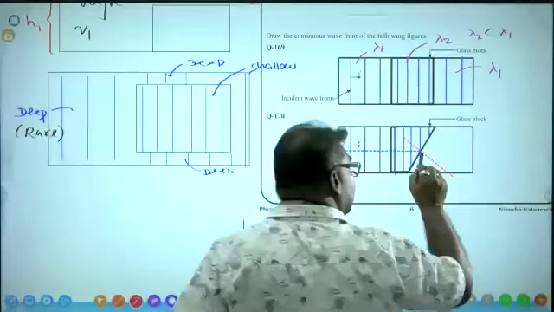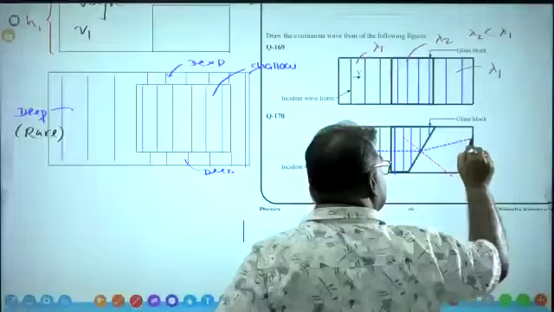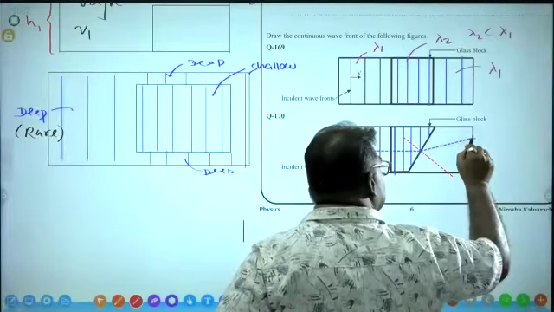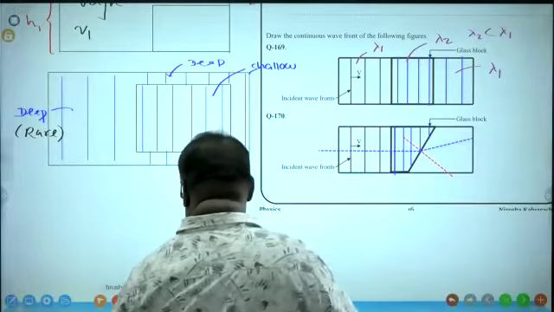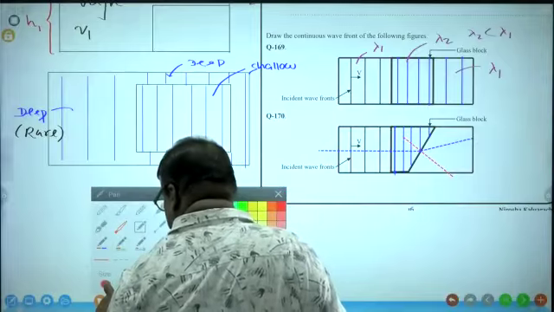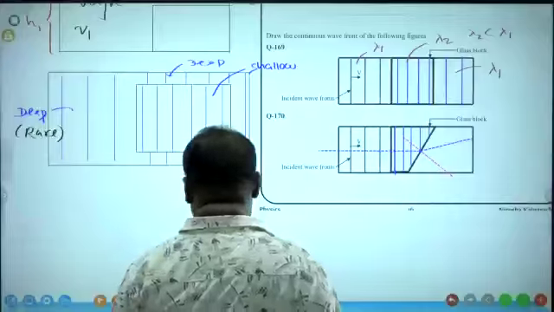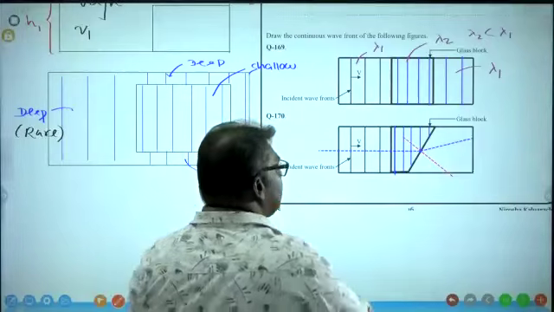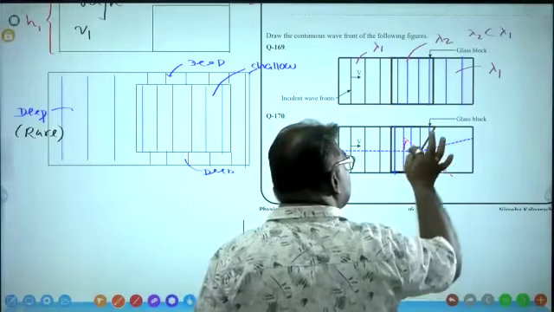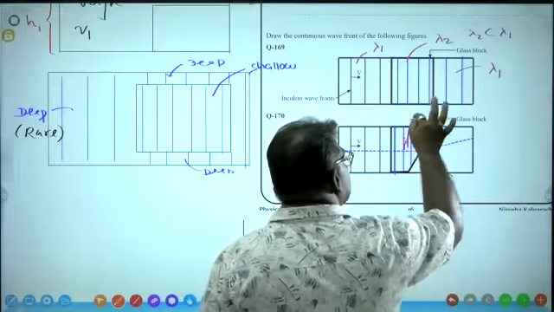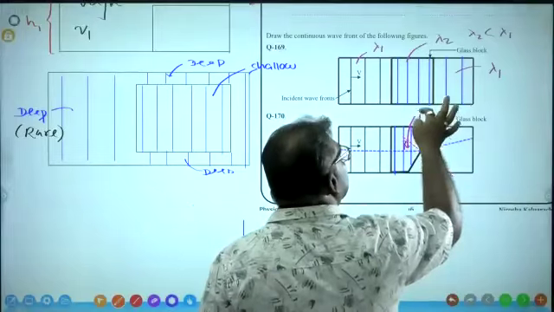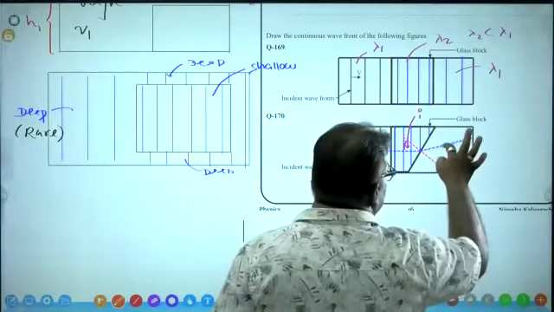Speed is high, no? Away from the normal, like this. This could be the path of the refracted ray. Refracted transverse ray, no? Transverse wave. So you can say this angle is the angle of incidence. This is i. This one is r, right?